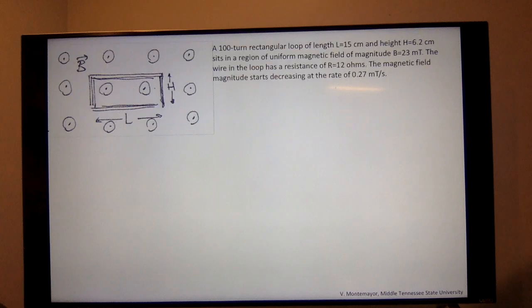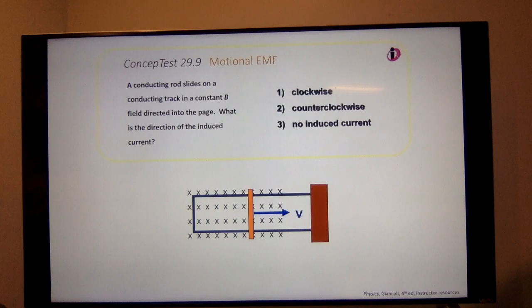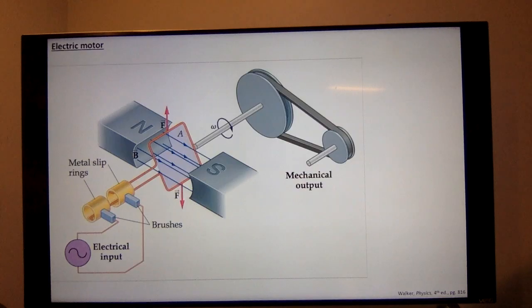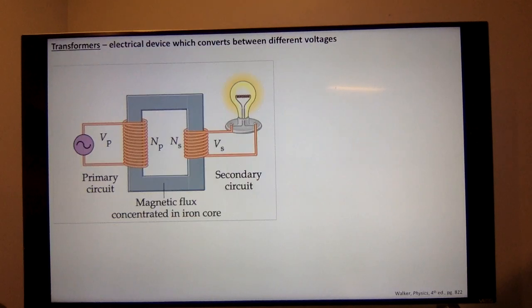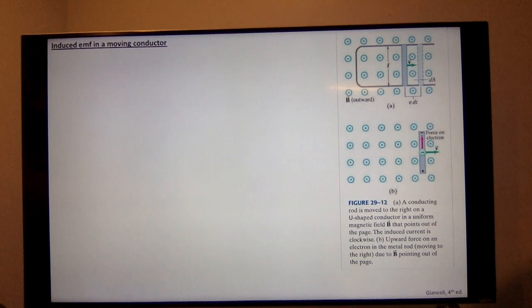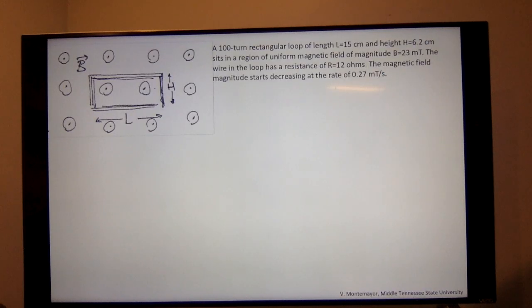All right? Which brings us to a quick example, and let me scroll ahead to see what else we have here. Okay, we've got a few more things that we're going to do and some things that I'm going to leave out. So let's do this example. We have a 100 turn, or that just means that N is equal to 100, rectangular loop of length and height as given, and it sits in a region of uniform magnetic field of magnitude B is 23 millitesla.